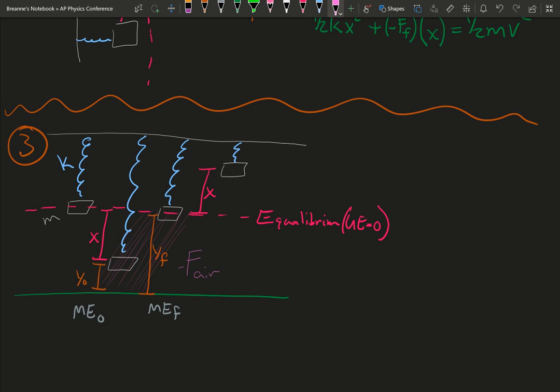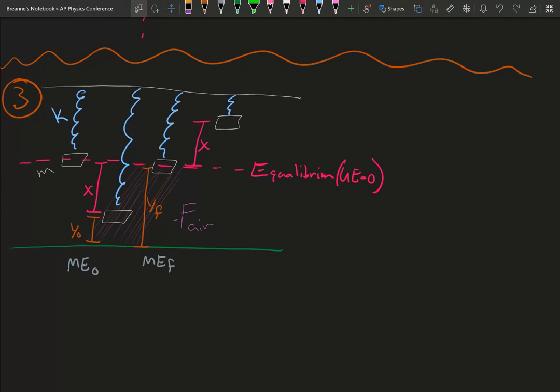And remember, friction takes away energy. And don't forget, I've pulled it down, so I'm holding it here. Okay.